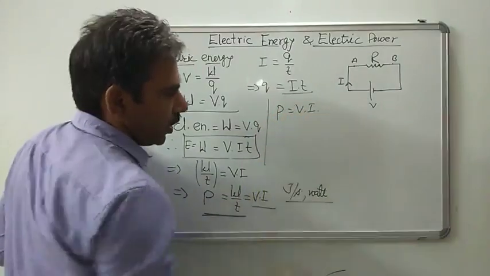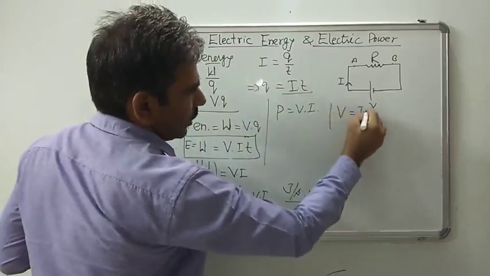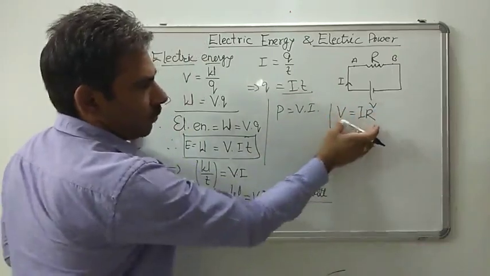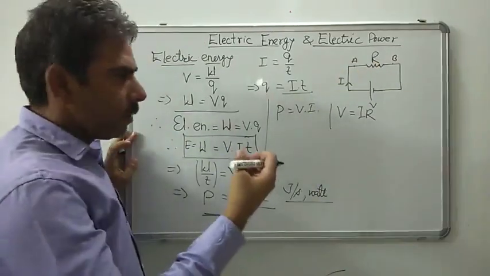So from here we get the formula for power: P is equal to V into I. Ohm's law says that V is equal to IR, where R is the resistance of this component, it may be anything.